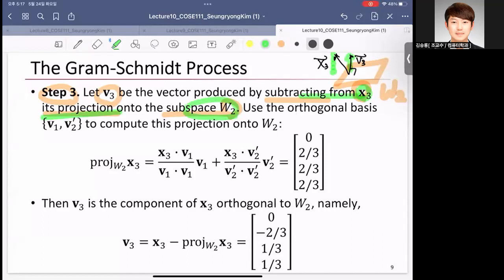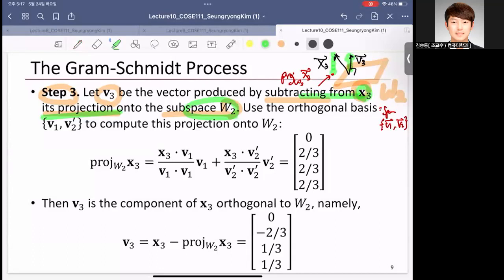Then we have to compute the projection of x3 onto the W2 space. W2 is spanned by v1 and v2 prime, right? An arbitrary basis.